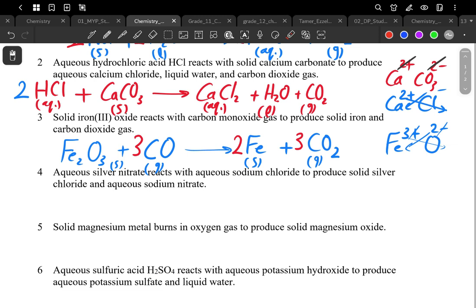Okay guys, so each one is happy now. Iron is balanced; oxygen, as I said, 6 atoms in this side and 6 atoms in this side, so it is balanced. Carbon 3 atoms and carbon 3 atoms, so it is balanced.